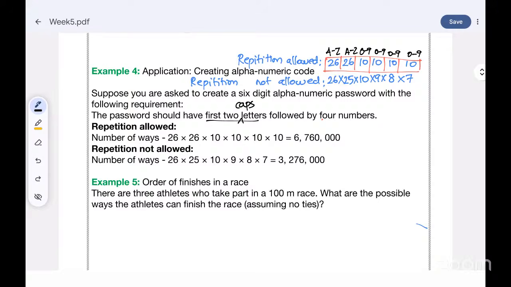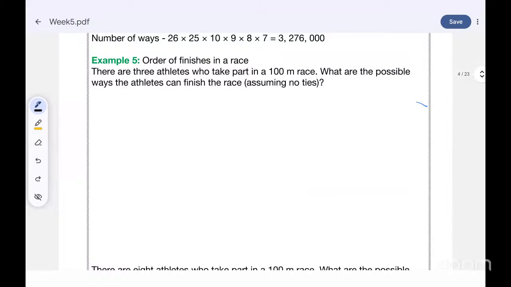All right. The next question here is the order of finishing in a race. Athletes take part in a 100-meter race. Let's say there are 3 athletes. We don't know their names, so let's just call them A1, A2, A3.